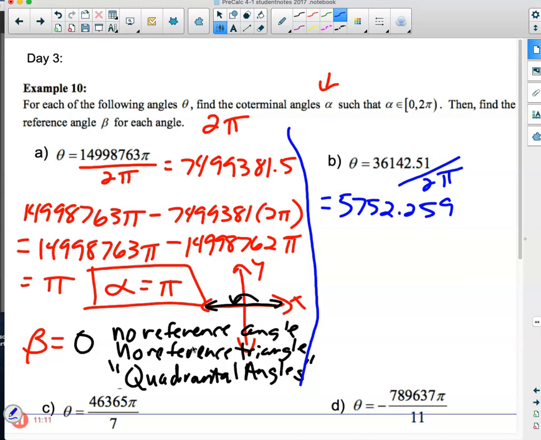So now the process is the same as what we did in A. It's just that we're not going to have pi hanging out with us all the time.